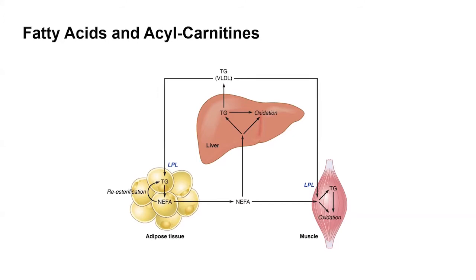Now, the acylcarnitines are sort of a way to look at fatty acid metabolism. So fatty acids generally are released from the adipose tissue as free fatty acids. Fatty acids are also released from the liver in the form of VLDL triglycerides. You can also get fatty acids from the chylomicrons in the gut, and they circulate in the blood, are taken up by the tissues.